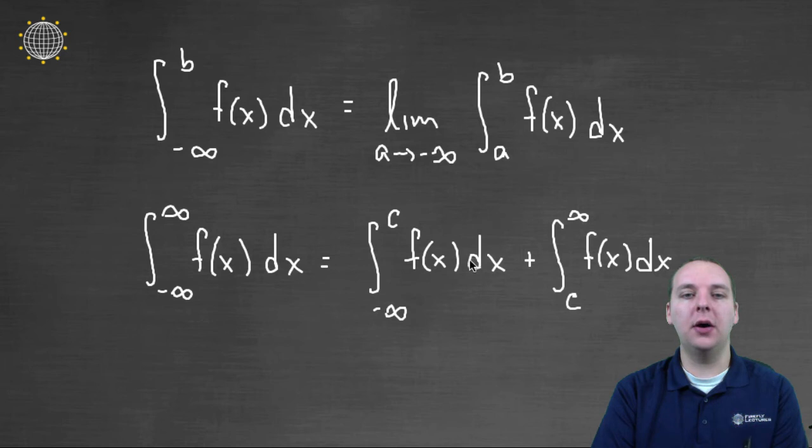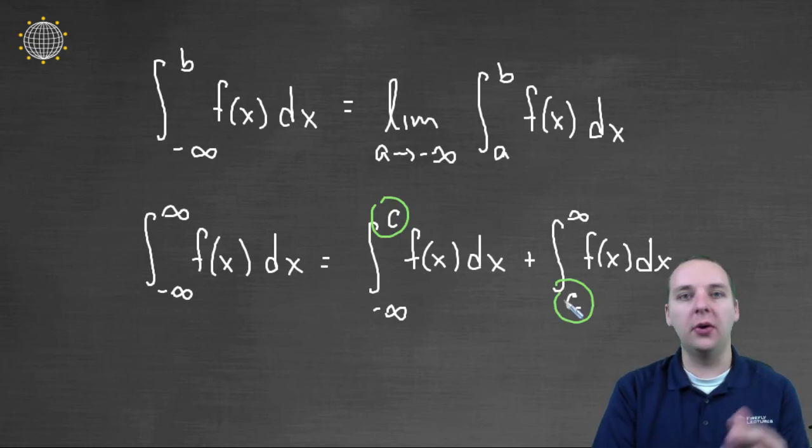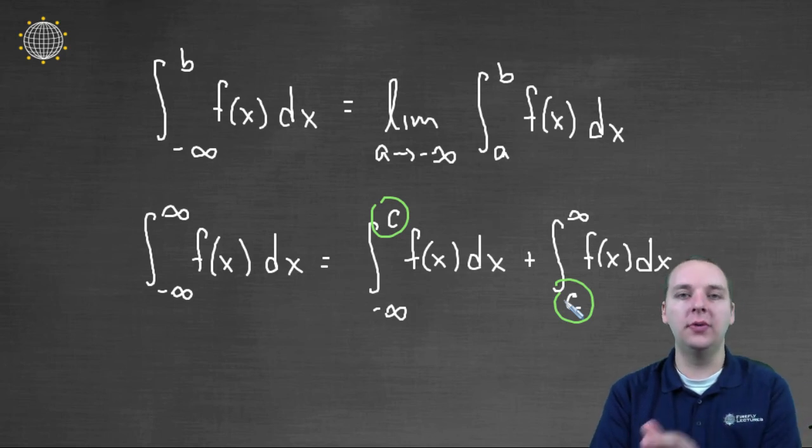Let's break this up from negative infinity up to some arbitrary midpoint c, and then from c the rest of the way to infinity. This choice of c is completely up to us. If it doesn't matter, you can just pick 0 if you want: negative infinity up to 0, and then from 0 on to infinity.